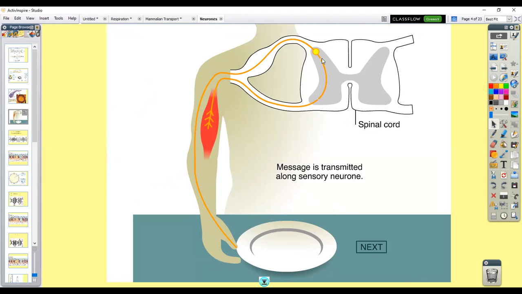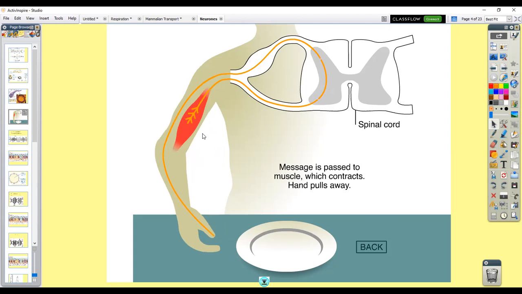You can see there's a little synapse there between the sensory neuron and the connector neuron, or relay neuron as it's sometimes known, which is found in the central nervous system. And then that synapse is with a motor neuron, which in this case is connected to a muscle, or it can be connected to a gland, and that will cause that muscle to react and contract and move your hand away.